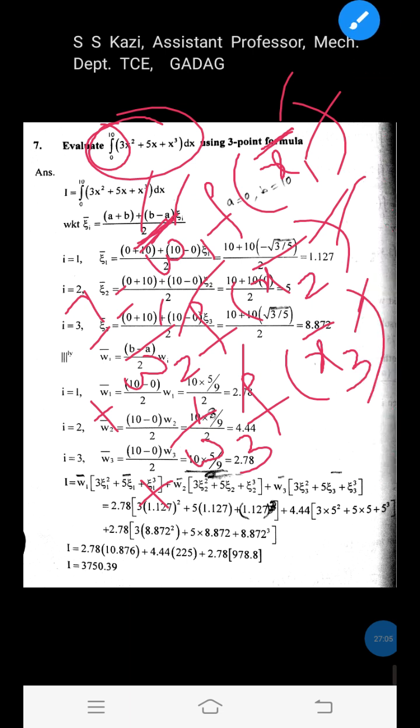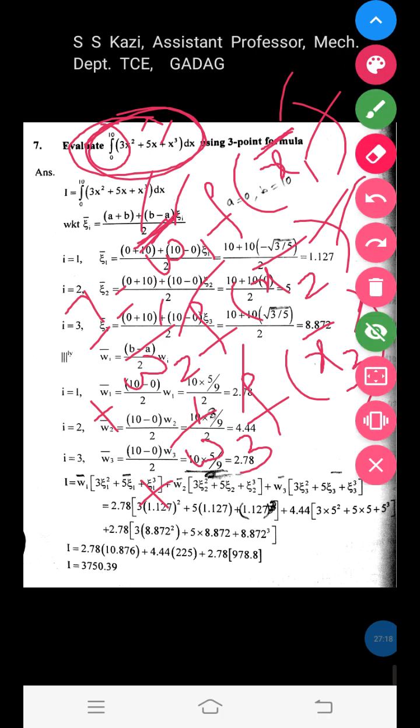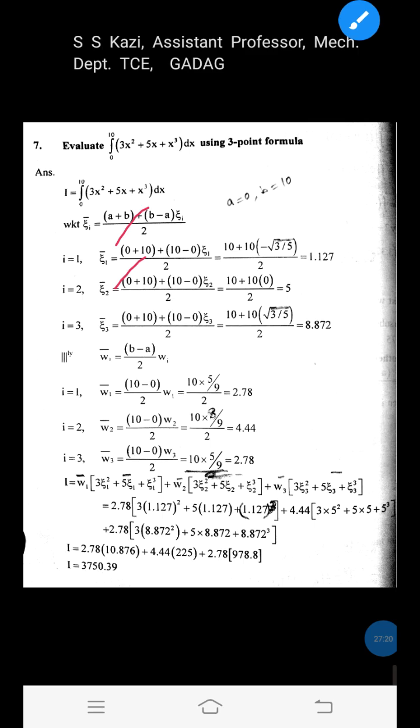Here I have used x because the integral has to be integrated with respect to x, and the function here uses the notation x. I will use x1 bar, x2 bar, x3 bar, but in the solution given here they have used zeta 1 bar, zeta 2 bar, zeta 3 bar. That can also be used. It will not affect the solution. You will get the same solution.